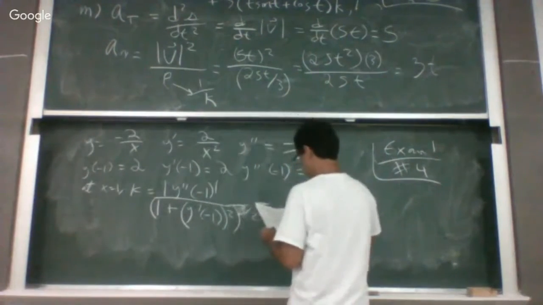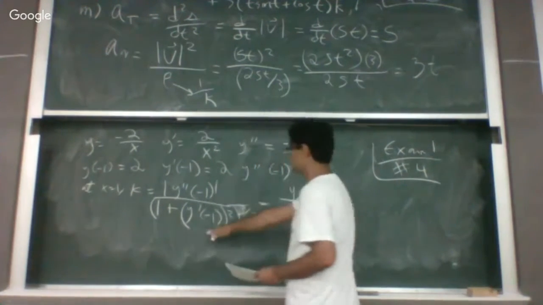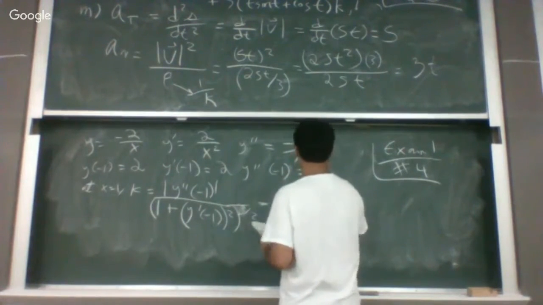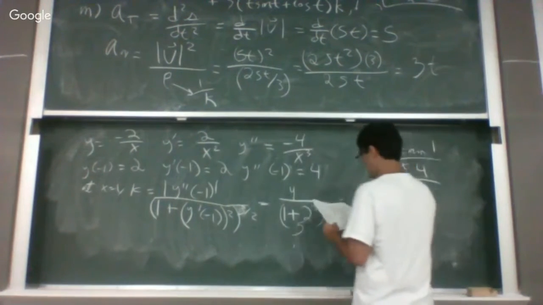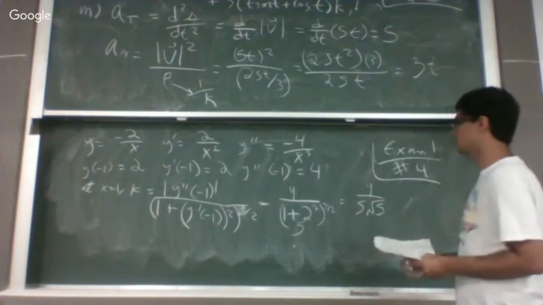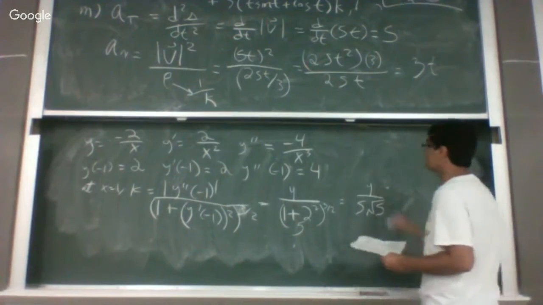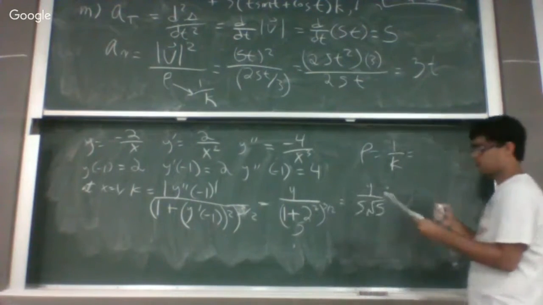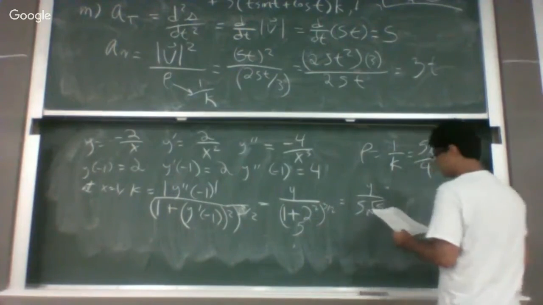So we have 4 divided by 1 plus 2 squared to the 3/2. This is equal to a 5 on the inside. So we have 4 over 5 square root of 5. Then we also need to find rho, which is 1 over k. So what is that equal to? 5 square root of 5 over 4.